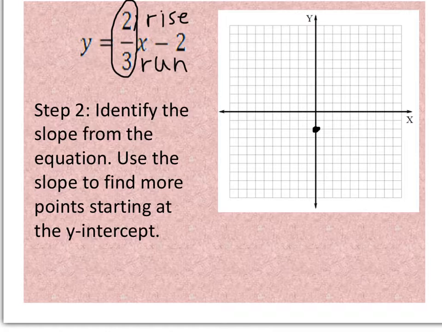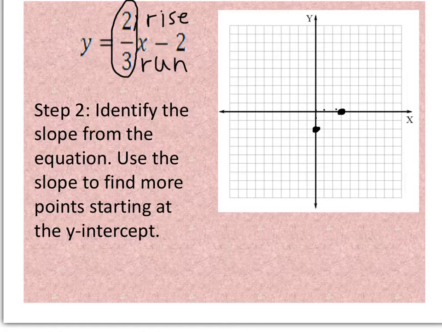So we go to our y-intercept. We are rising 2. So we go up 2 spaces. And then we are running 3. Since it's a positive 3, we go to the right 3. 1, 2, 3. So now we are at the point of 3, 0.